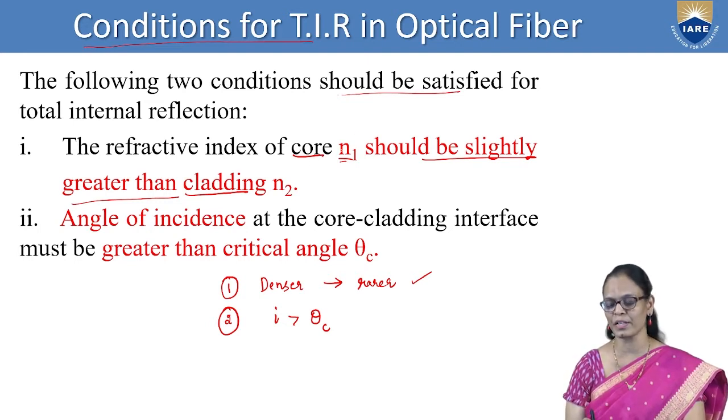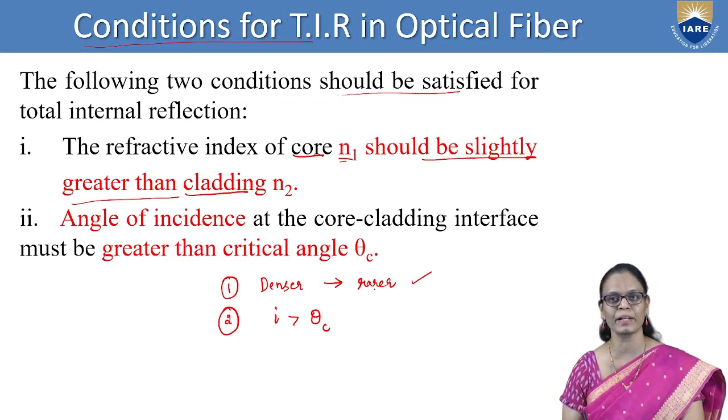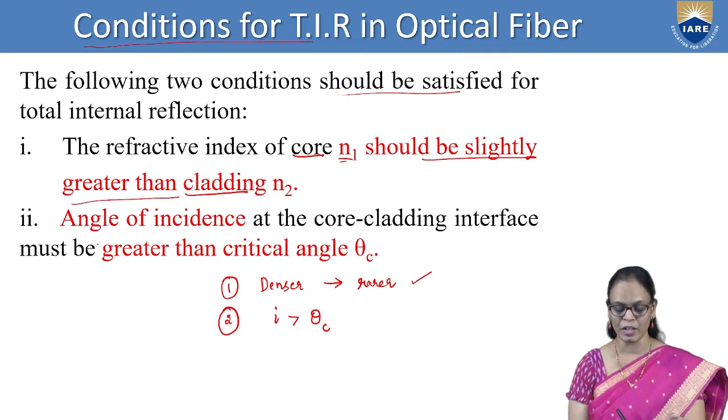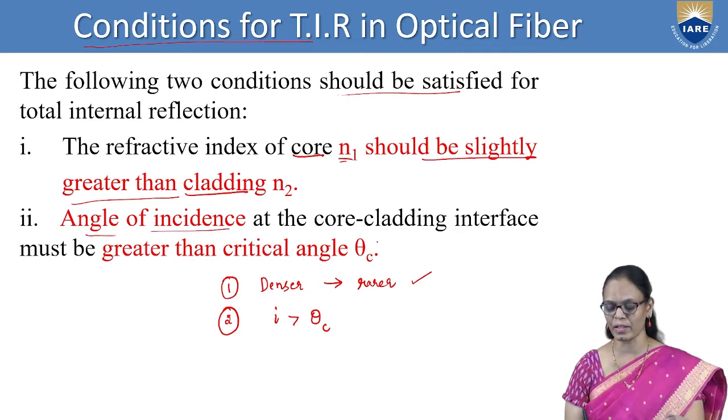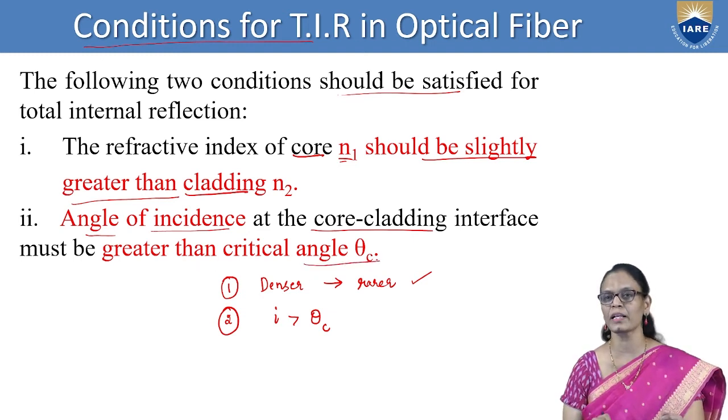Then what happens here, if you are keeping the refractive index of the core greater than the cladding, the first condition, that is the ray of light should come from a denser medium to a rarer medium, will be satisfied. And the second condition, the angle of incidence at the core cladding interface should be greater than the critical angle.